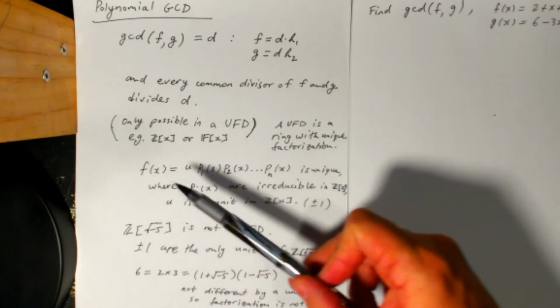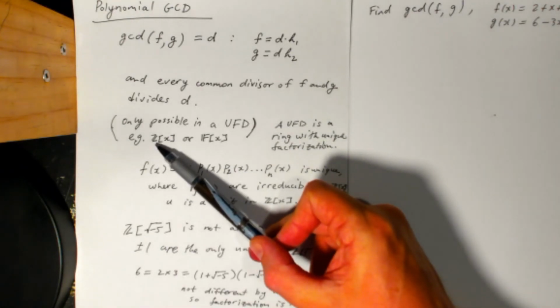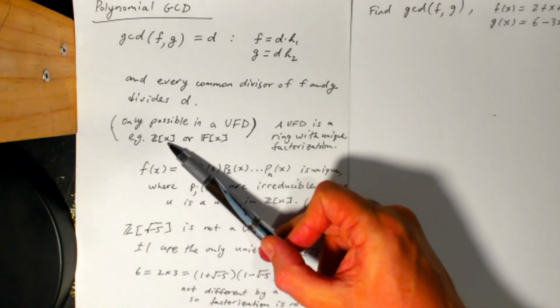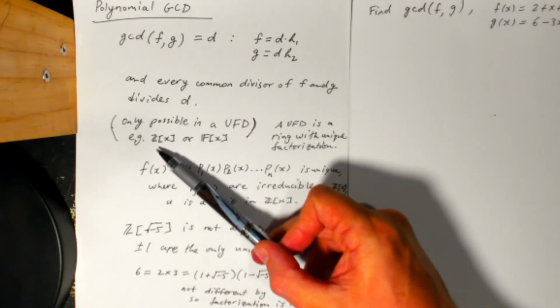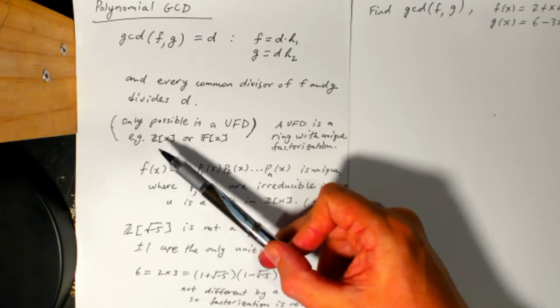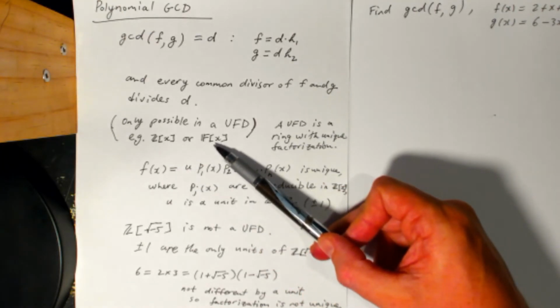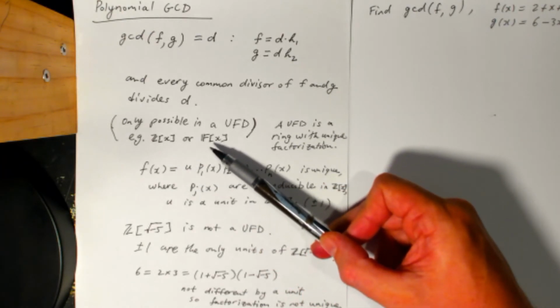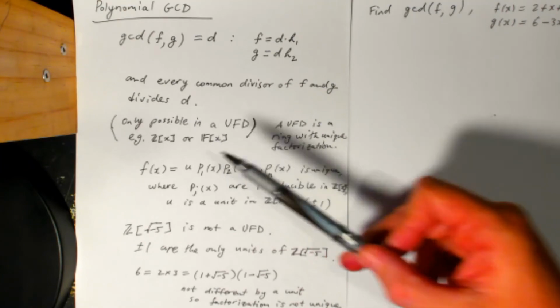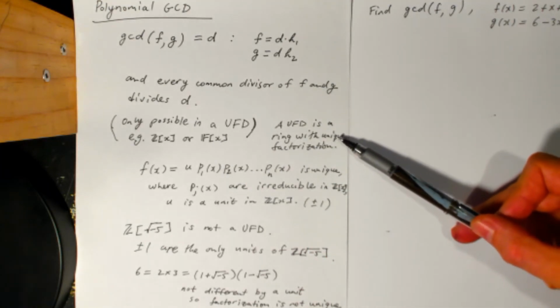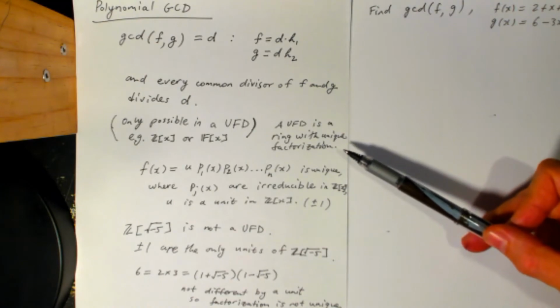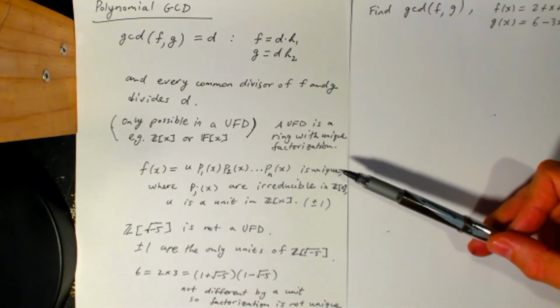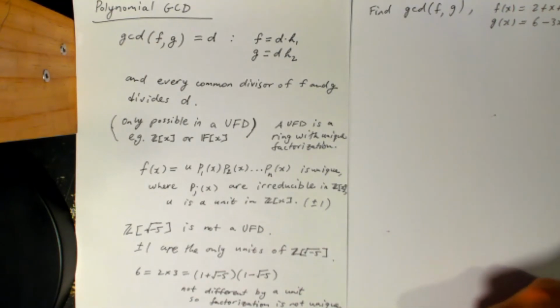For example, the ring Z adjoin x, so polynomials with integer coefficients, or for example, polynomials with coefficients in a field. A unique factorization domain is a ring with unique factorization. So it's a ring.